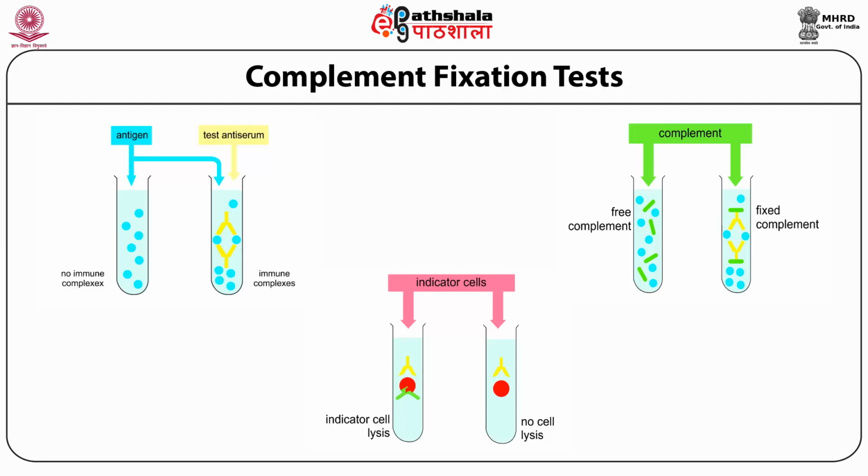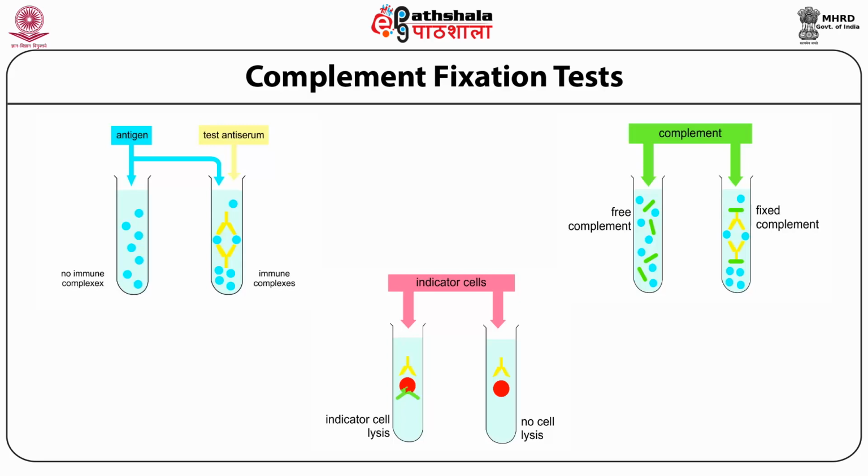A quantity of complement is used which is just enough to lyse the indicator cells if none is consumed by the complexes. The assay is often performed on plastic plates. By using a constant amount of antibody and titrations of the antigen, the assay can be applied for testing antigens.